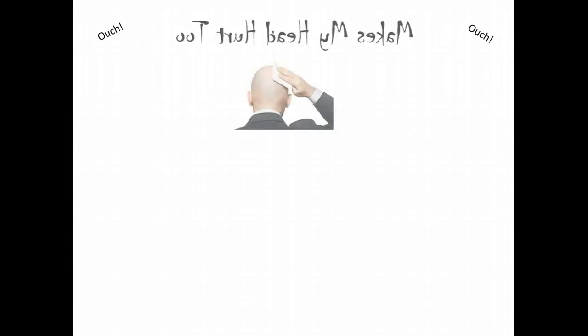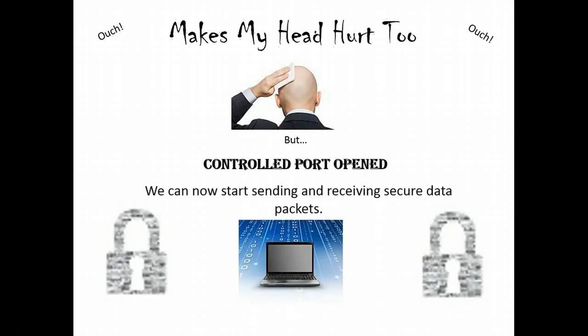Now, that is a lot of information to take in, and it can make your head hurt. But the point that we're at right now to remember is the controlled port on the access point, the authenticator, has now opened, and we are ready to start sending and receiving secure data packets.